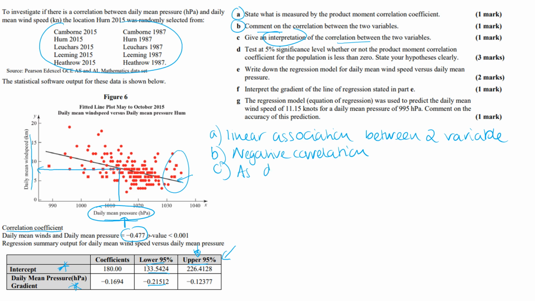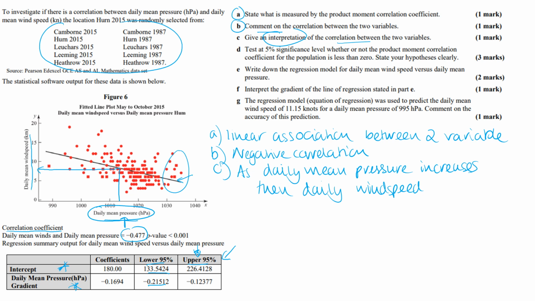Well, as the daily mean pressure increases, then the daily wind speed will decrease. So that is negative correlation. As one goes up, the other goes down. I suppose you should have mean there.